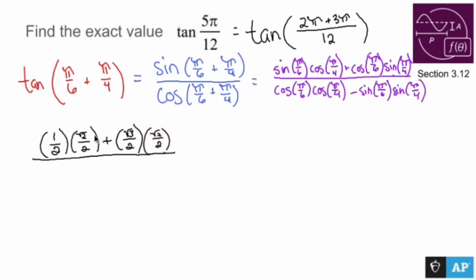Cosine of pi over 6, which I already did, is root 3 over 2. Cosine of pi over 4, which I already did, is right here, root 2 over 2. Minus sine of pi over 6, which I did over here, is a half. Sine of pi over 4, which I did, is root 2 over 2.